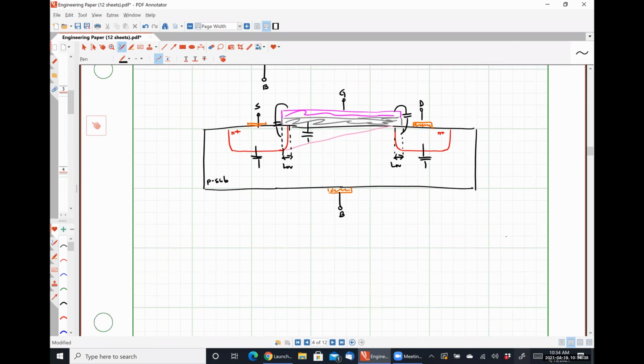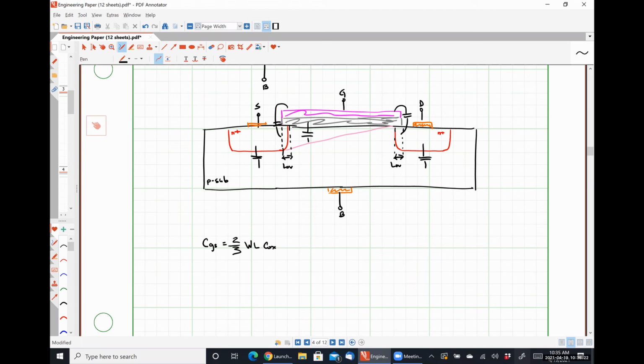So with that in mind, our total gate source capacitance, CGS, is a combination of our channel capacitance. If we didn't have pinch off, this would simply be the width of the transistor times the length of the transistor times the oxide capacitance, C-ox. But because this is no longer a parallel plate because of pinch off, we're going to call this 2/3 WL C-ox, representing our channel capacitance.